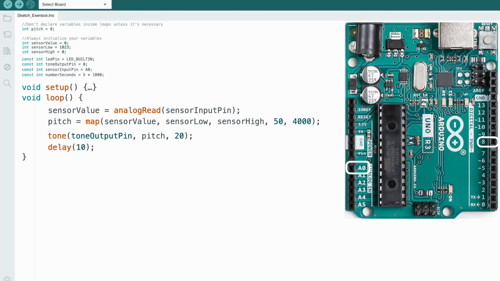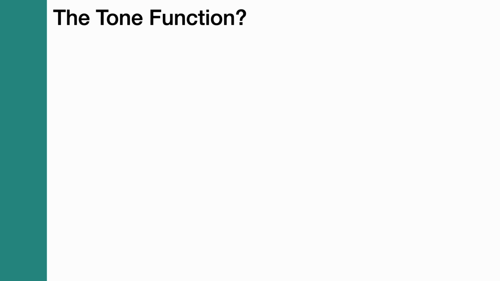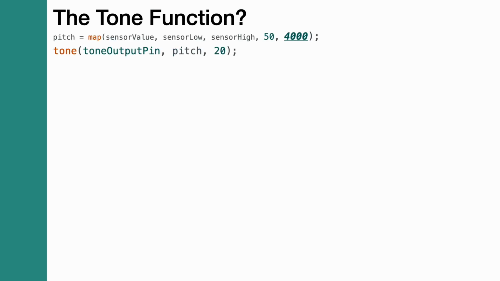When we give that pitch, it's doing some calculations underneath the hood for us to differentiate between frequency and value. So when we're taking a look at this tone, once again, we're going from 50 to 4,000, which means our pitch could be very high, and our tone is taking that into account, and writing out to our pin 8 this potentially large value.